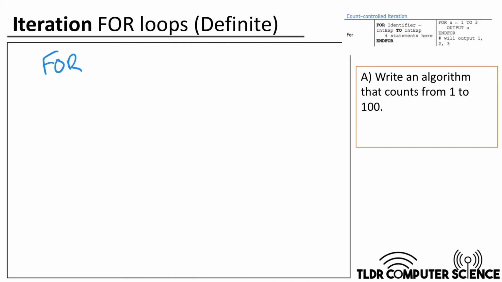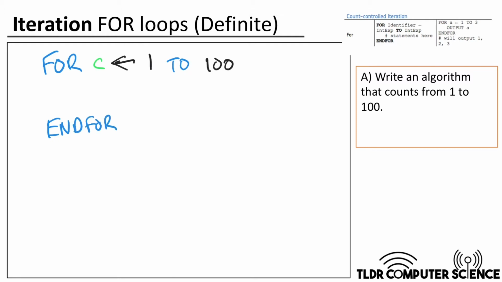So my variable is C, and then I'm going to assign it a value, and the value is going to be 1, and I'm going to go from 1 to 100, which makes sense because I wanted to start at 1. I'm going to go up to 100, and then down here I'm going to end the for loop.